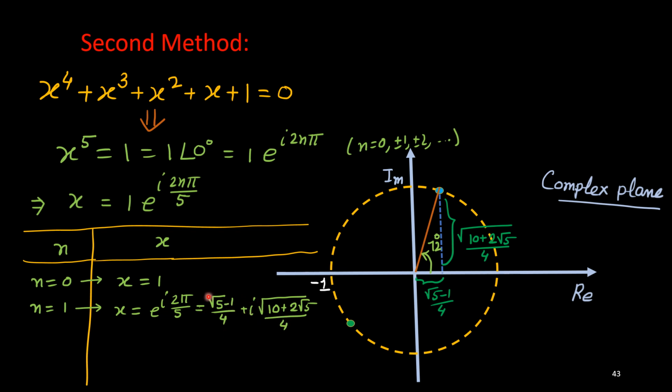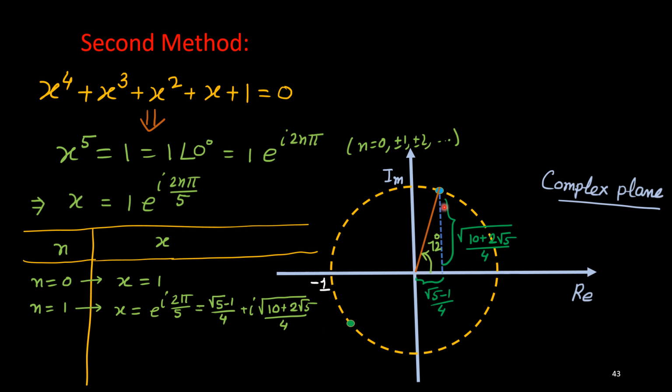And cos 72 degrees we can find is root 5 minus 1 upon 4, and sin 72 degrees is square root of 10 plus 2 root 5 upon 4. So these two values we can calculate. In some video we will show this one. It's not very difficult to calculate these two values.